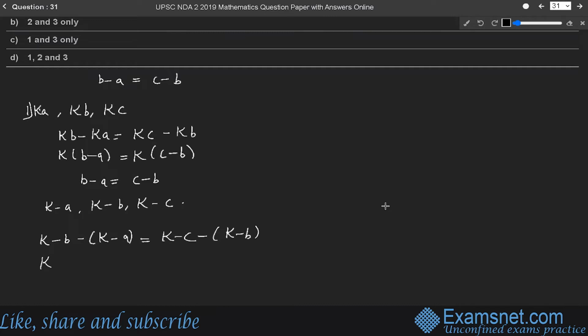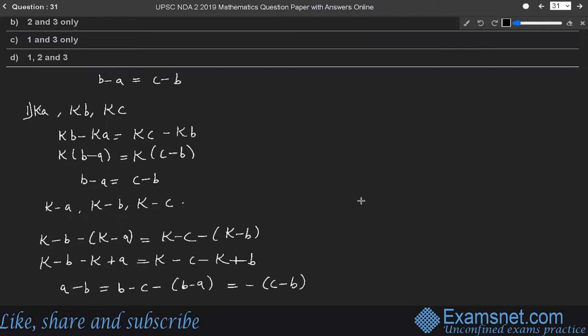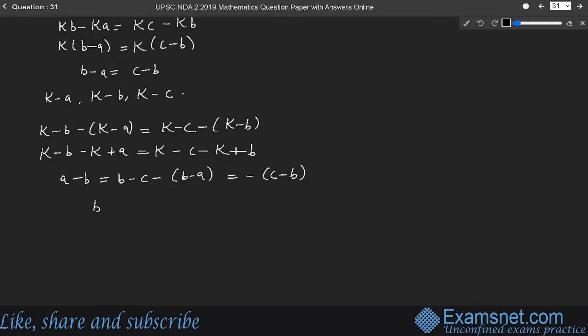So it will be k minus B minus k plus A is equal to k minus C minus k plus B. So it will be A minus B is equal to B minus C, which is equal to minus of (C minus B). Therefore, we can say that B minus A will be equal to C minus B. So, the second statement is also correct.